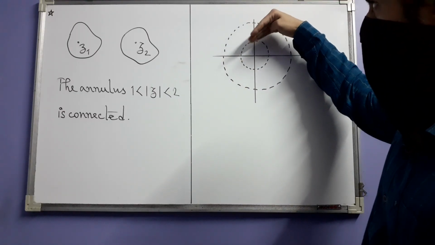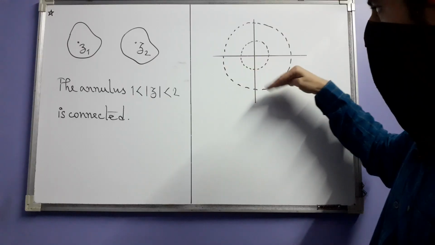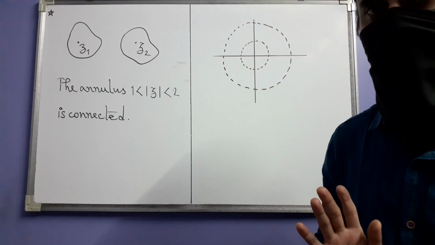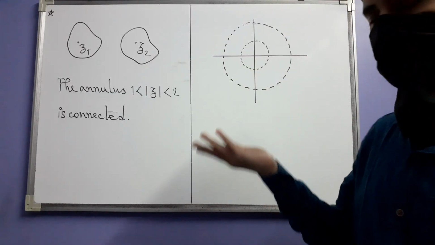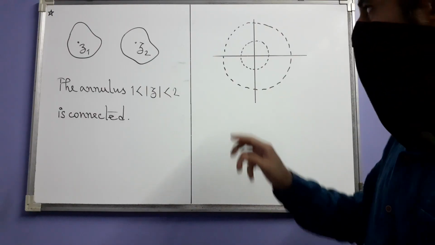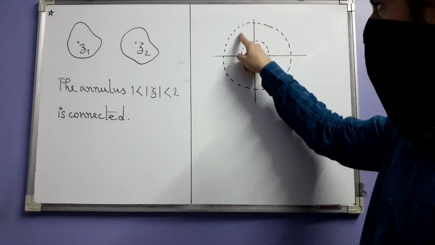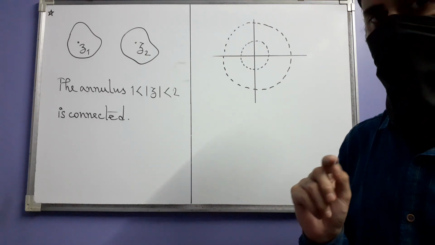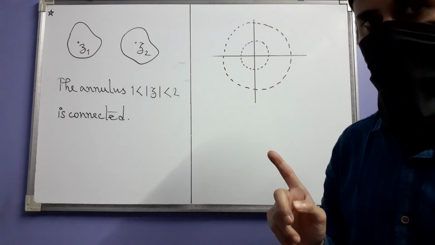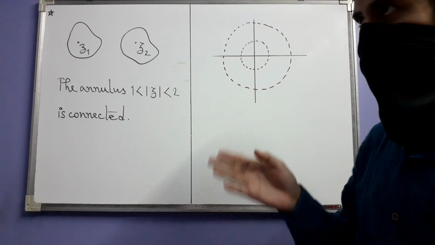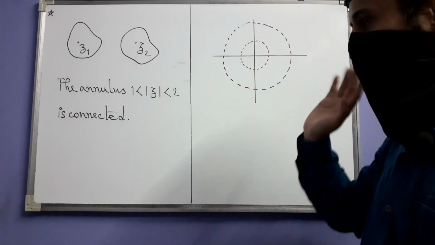It's the set of the points which lie between these 2 circles. It is connected because that condition turns out to be true. No matter which pair of points you choose in this region, there will be a polygonal line which will link them and which will also lie entirely inside this region.